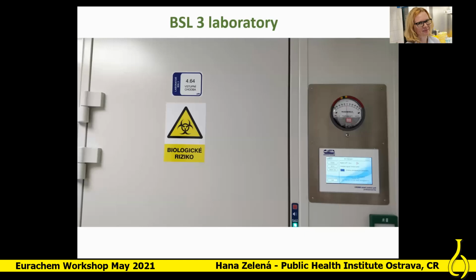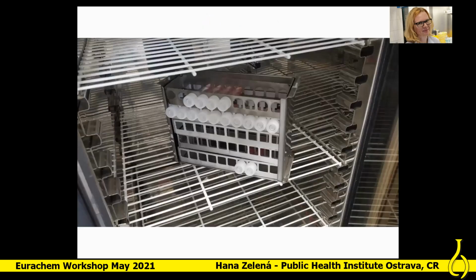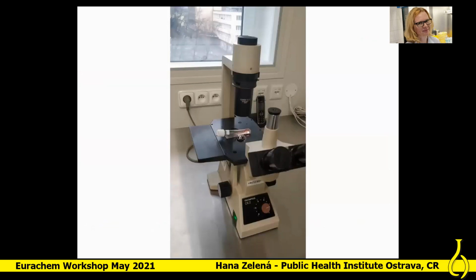It's because of the safety of the personnel. Next one. And here you can see the tubes containing the cell culture with the virus and the thermostat where the cultivation is done. Next one.